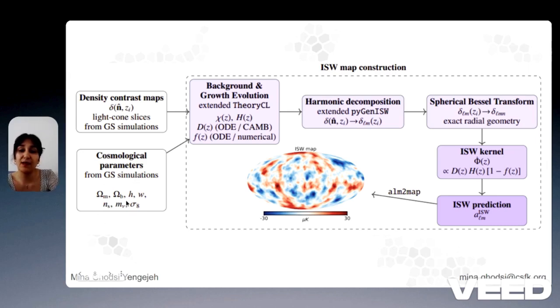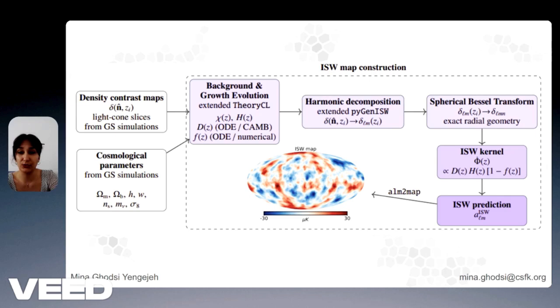You fix them as the first step, and theoretical, or the extended version of theoretical after we modified it, uses all of these 7 parameters to calculate some functions that we later need in the ISW kernel, like comoving distance, H of z, growth function, growth rate. So this is the first.